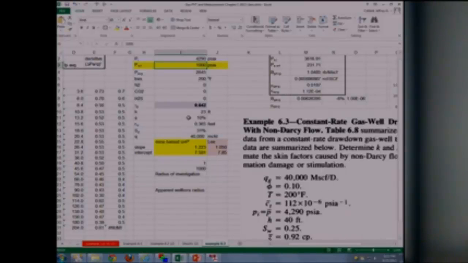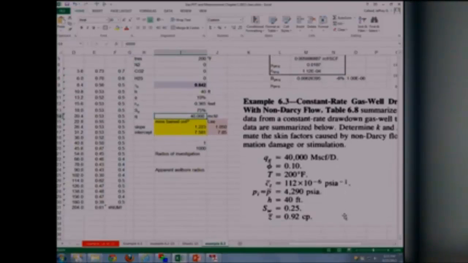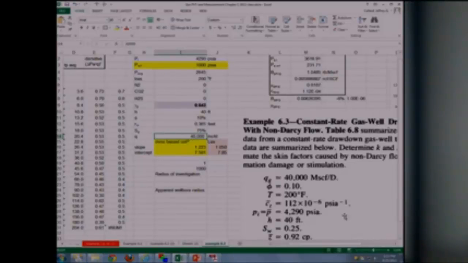H is 40. Now, they're telling us that the water saturation is 25%, so I'm going to hardwire in that the gas saturation is what? 75%. And they're going to tell me that Z is 0.92, and they don't tell me the gas gravity.